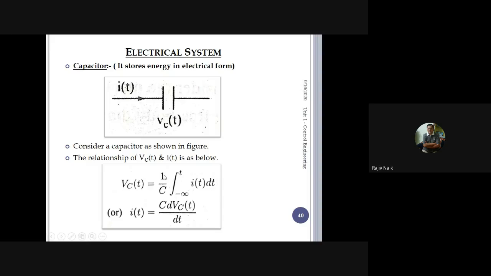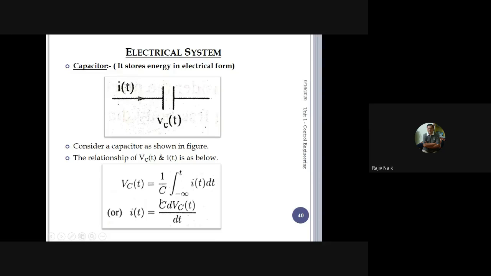So instead of K, you have 1 upon C, not K equal to C. So actually it is Q into 1 upon C. Q can also be written in terms of current, that is, the integration of current is charge, because I is dq by dt. So if you want Q, it is the integration of I, always a single-sided function from minus infinity to t.